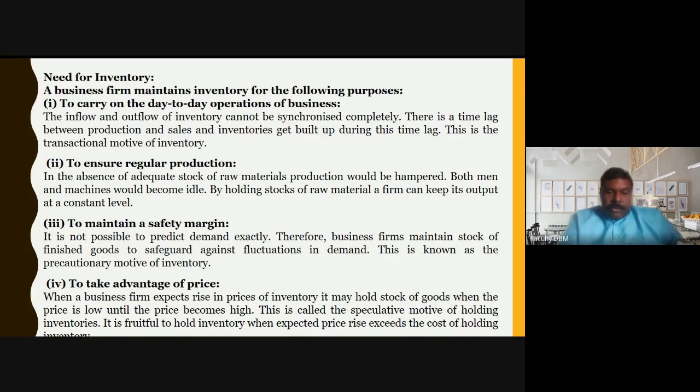So it is fruitful to hold the inventory when a price rise is expected. In the same way, the farmer has to think in this manner also. If he wants to get more profit, he has to see that the price rises. So for that, he has to store somewhere. The problem arises in the rural areas where they cannot store their agriculture produce.